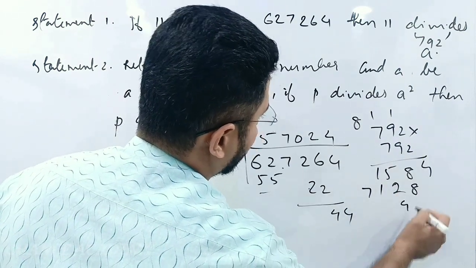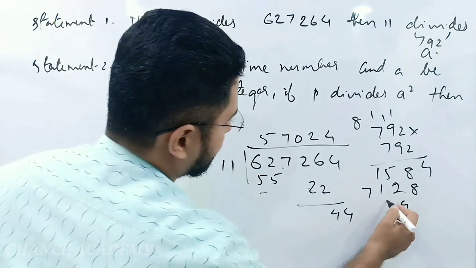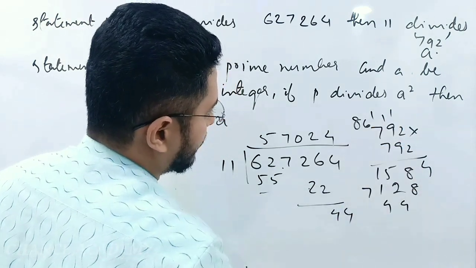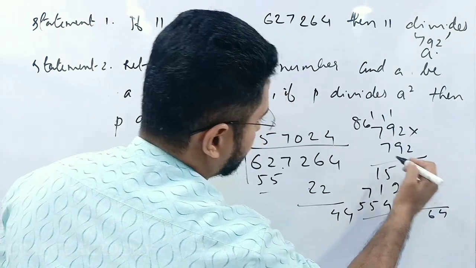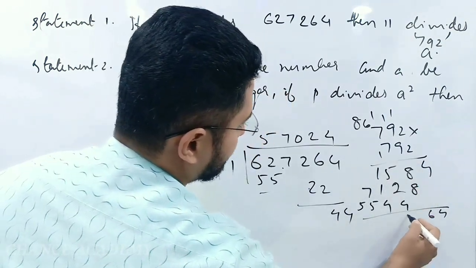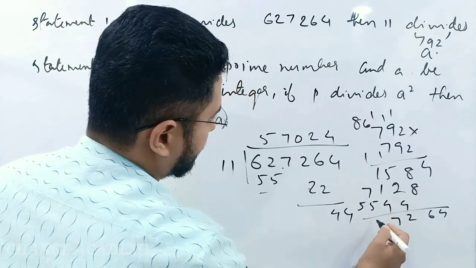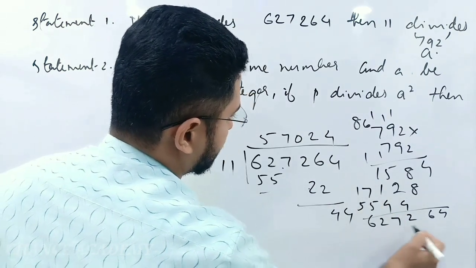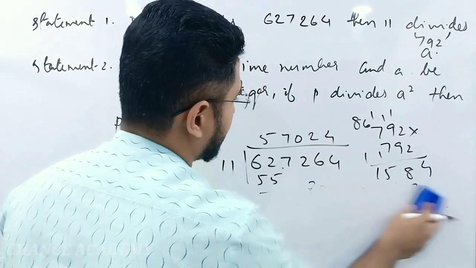And finally you will be getting 63, 64, 6, 49, and that will be 55. Finally 4, 6, 1. Same number, 627264 you will be getting, and that's actually the square of 792.